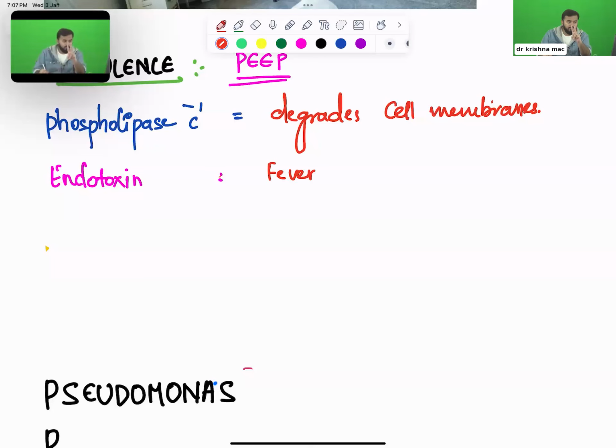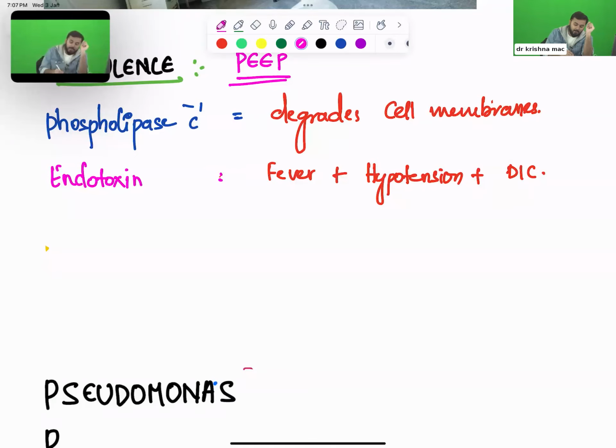Then it causes hypotension. Very good, Romita. Severe hypotension is shock, right? And it causes disseminated intravascular coagulation. So fever, hypotension, disseminated intravascular coagulation are caused by endotoxin.